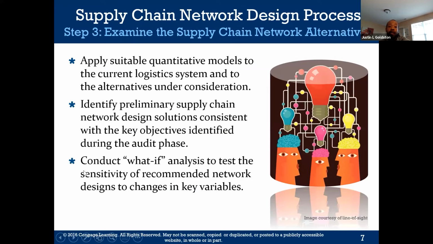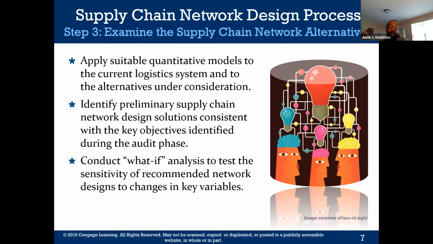All right. So next we want to look at our supply chain network alternatives. We say, okay, here's our current state, here's our future state. What other options do we have? Now, here's where we get into the quantitative models, and again, the enterprise resource planning applications that we have.